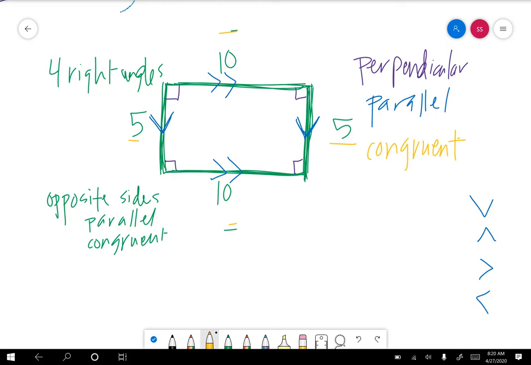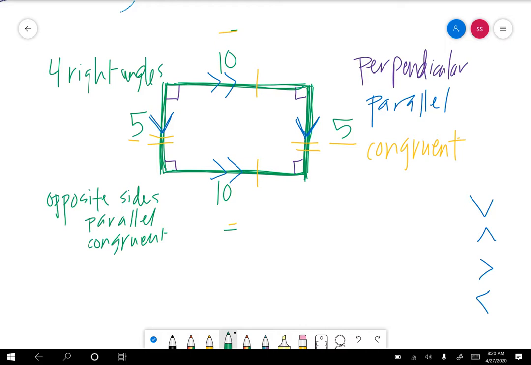Again, with congruency, you would use those little tick marks. So we could say that this line right here is congruent to this line. And we don't want to use just one tick mark on the other sides, because that would mean that they are also 10 in length, which they're not, right? So on the other side, I'm going to use 2 tick marks.